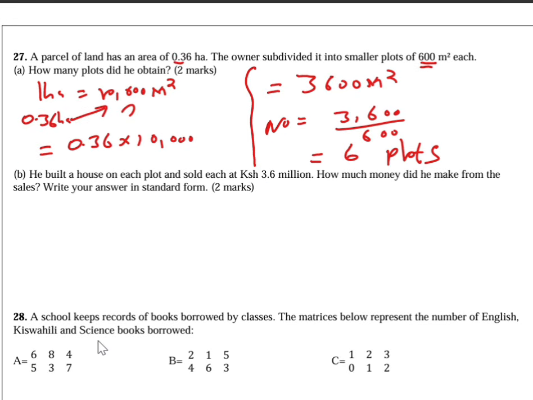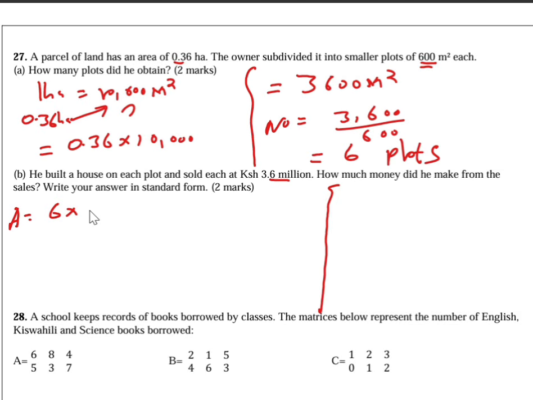Part B. He built a house on each plot and sold each at 3.6 million. How much money did he make from the sales? Get your answer in standard form. So ploti, remember tumepata ploti ni 6, kila moja imejengwa nyumba na nyumba moja ni 3.6. So the total amount will be 6 plots times 3.6 million.